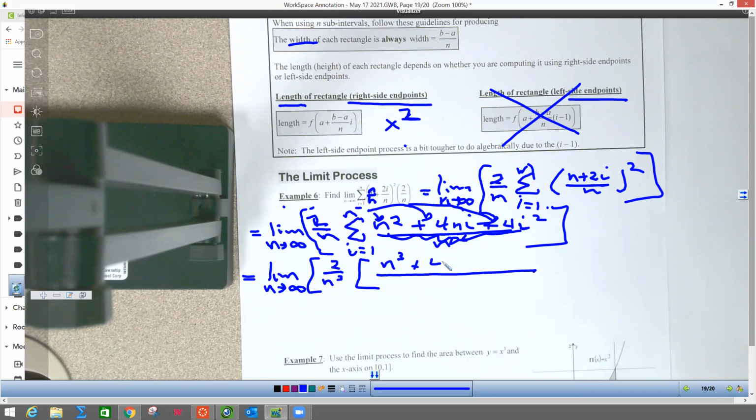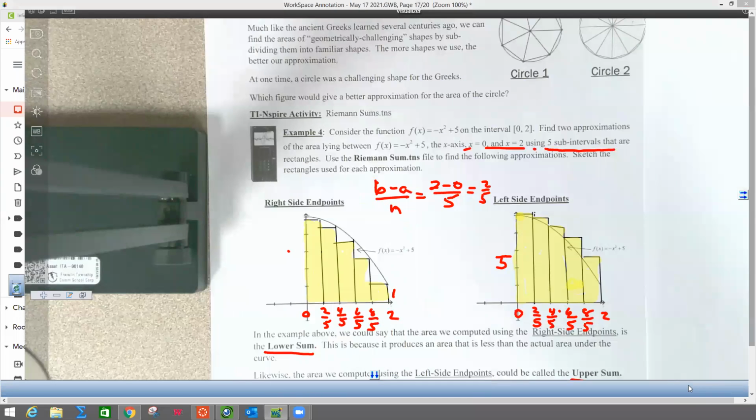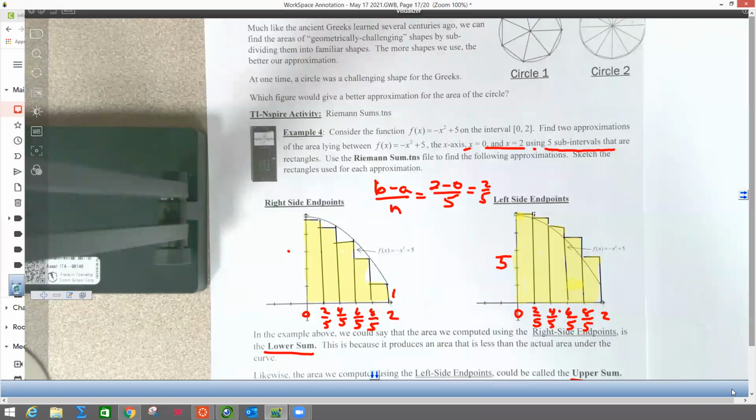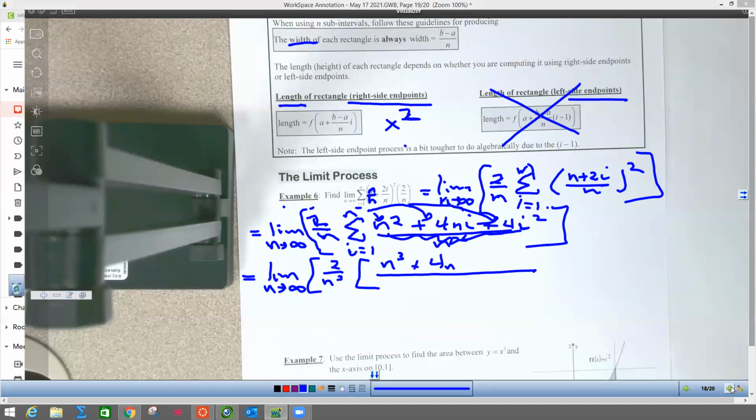4n is going to stay in front, and I'm going to do the summation of i. Well, going back over here to this first page, we have a formula for the summation of i, and it's this one right here. So in place of this part, I'm going to put this in: n times n plus 1 over 2.